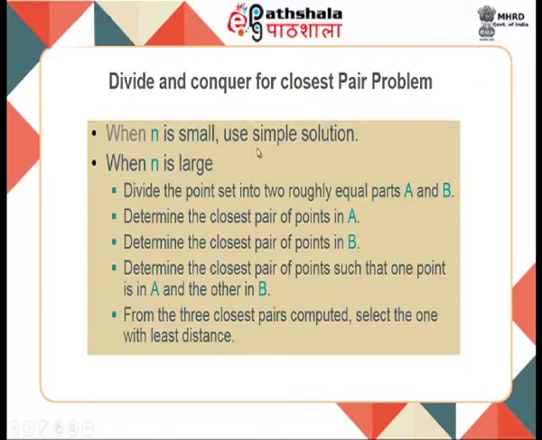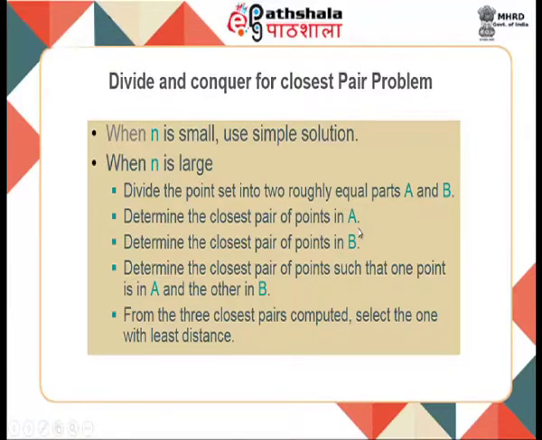You can see very well informally the steps are like this. When n is very small, we solve the problem using brute force, and when n is very large, we divide the point set into roughly equal parts A and B. Now we have 2 subsets.